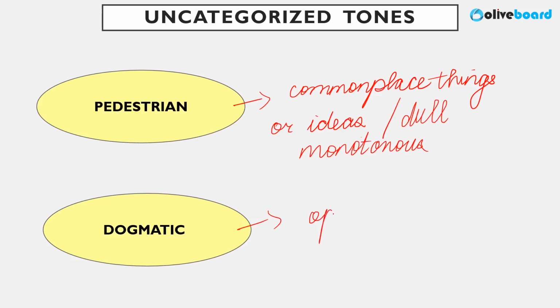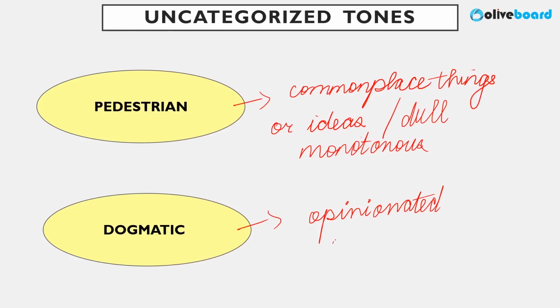Dogmatic is of course opinionated, basically a very strong opinion. Okay, so when we say a dogmatic tone, it is inclined towards something which is not totally true. When we say, okay, this is definitely so, we are adamant, we are stubborn on one opinion.